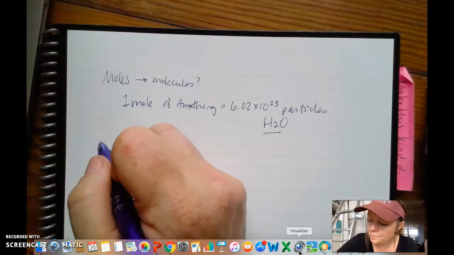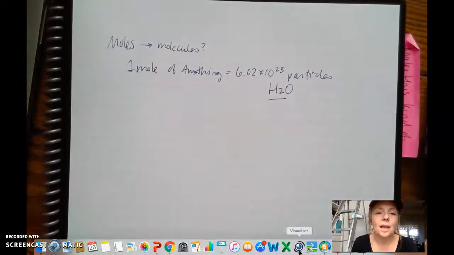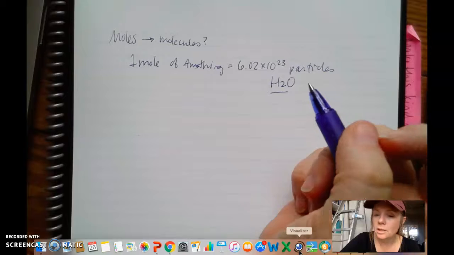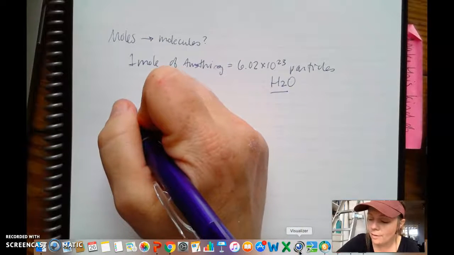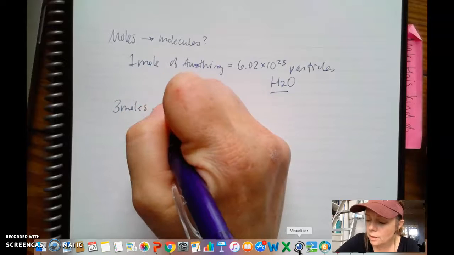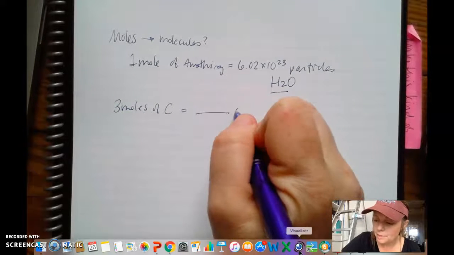All right, so let me show you how I enter this into the calculator, and that way your exponents will be correct and you won't lose track of what you're doing when you put this in. So if we have 3 moles of carbon atoms, how many atoms is that?